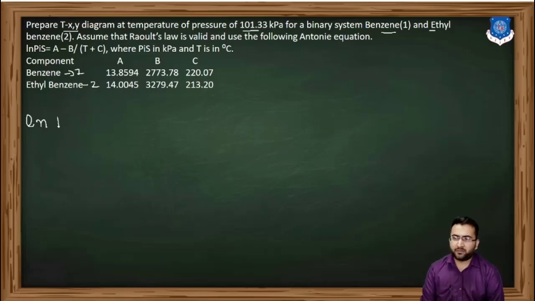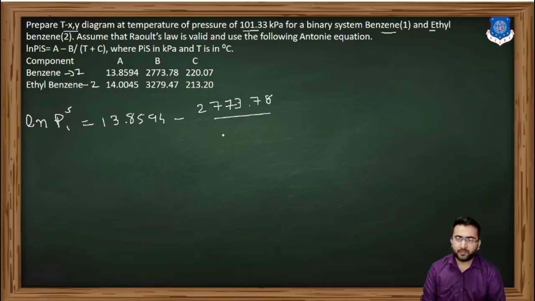So for component 1, the equation becomes ln P1 saturated is equal to 13.8594 minus 2773.78 upon temperature T plus 220.07.